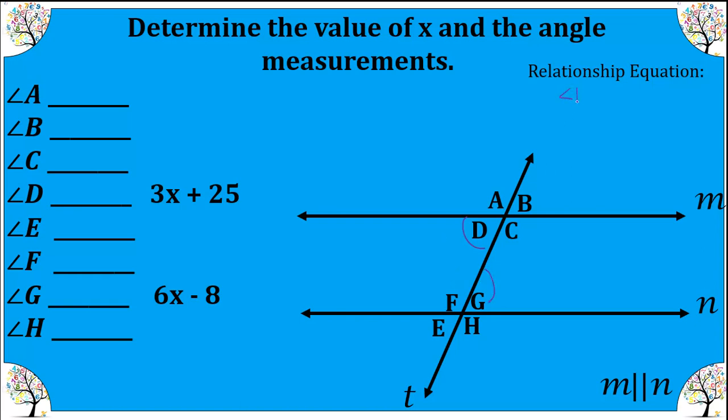So angle D is congruent to angle G. So let's substitute angle D for its expression and angle G and solve for X. I have a variable on the left and right. So I'm going to subtract out that small one. Now I'm solving for X.